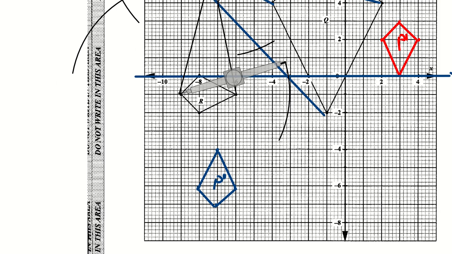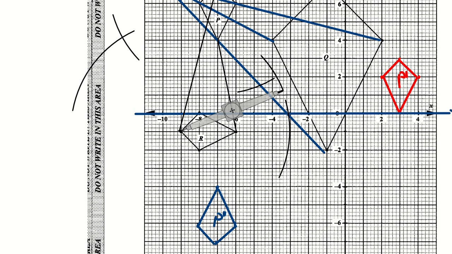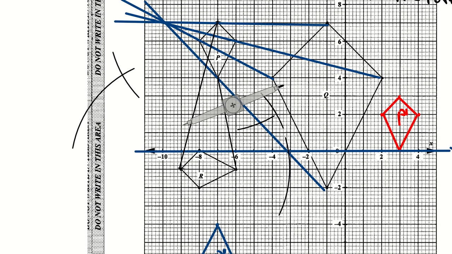So it's going to intersect right there. Right, so now you have where the two intersections are, that you're going to draw that first line here.